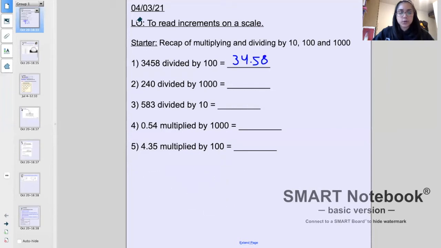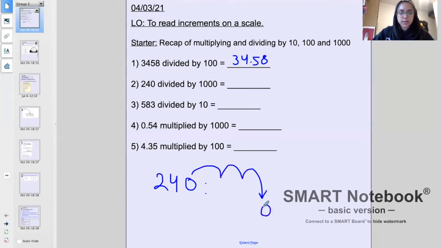Let's look at the second one. We have 240 divided by 1,000. Remember, dividing by 1,000 will be moving the digits 3 places to the right. So we go 1, 2, 3.